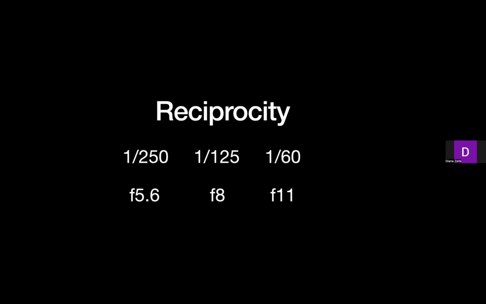In other words, all three of these are the same exposure. The same amount of light is coming into the camera. At 1/250 at f5.6, if I close my lens down to f8 but slow my shutter speed down a stop, cutting it in half, we know it's the same exposure. That's what reciprocity means. We need to understand that because we need to talk about reciprocity failure.